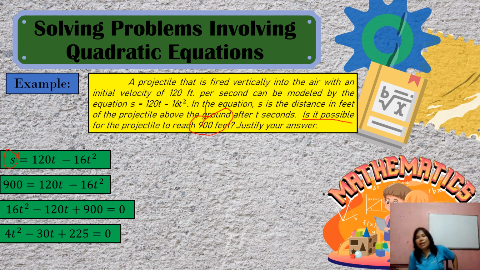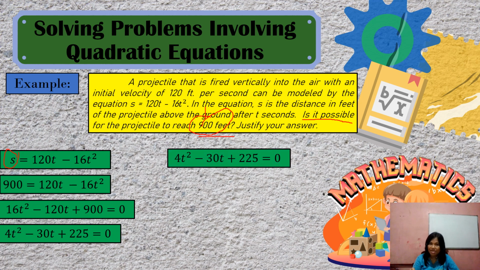Now, unlike before, we don't need to solve for the time. This time, the question only asks if it is possible for the projectile to reach 900 feet. So we don't have to find the value of t. What we'll do is use the nature of the roots, the discriminant, b squared minus 4ac. From the reduced equation, we just use the discriminant formula b squared minus 4ac.